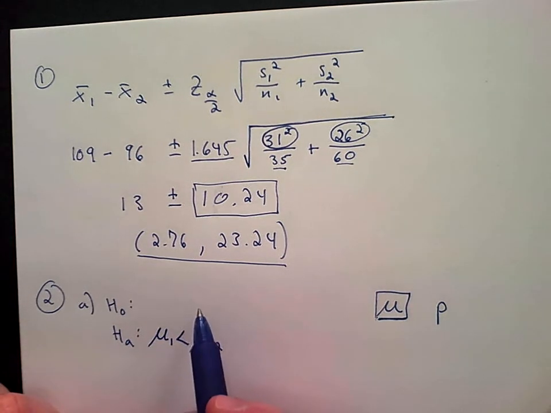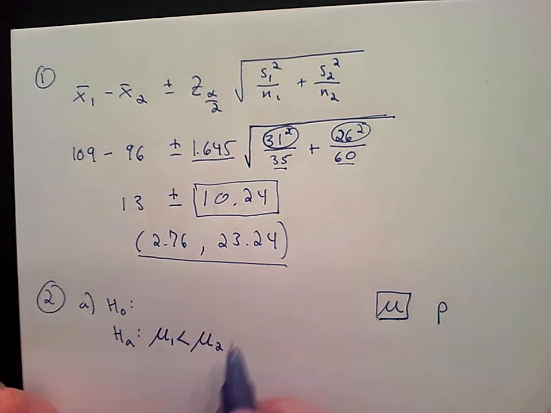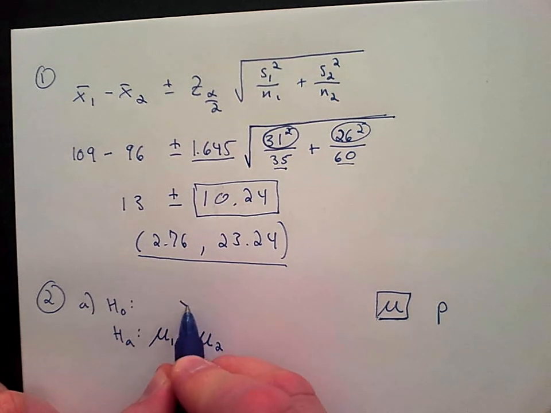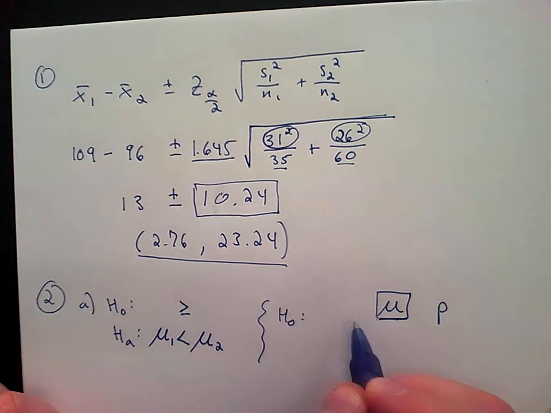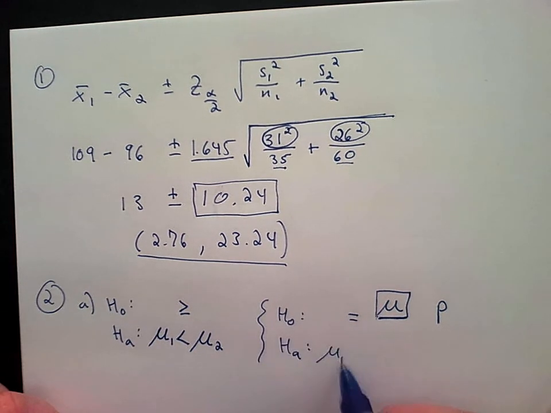What symbol can I have up here? Right? Yeah, exactly. So this one can either be greater than or equal to, or we can have the null hypothesis be exactly equal to.